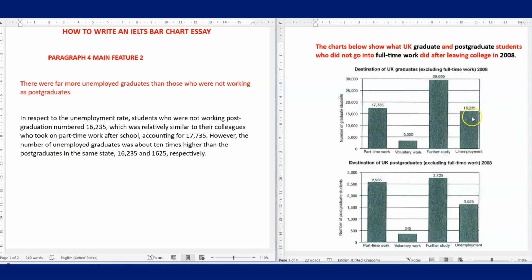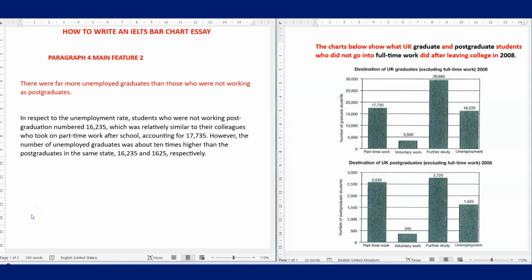So if you take the unemployed graduates 16,000 and then unemployed postgraduates 1,600, it tells you that it is about 10 times higher than those in the same state, which is the postgraduates. Aside from the UK graduates and postgraduates, we've included part-time, voluntary, further education, unemployed, to be able to cover all the four variables, and that is very important that you do. And we have been able to compare them as well.